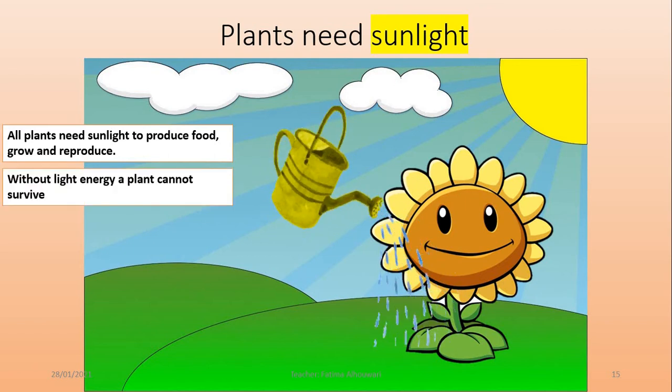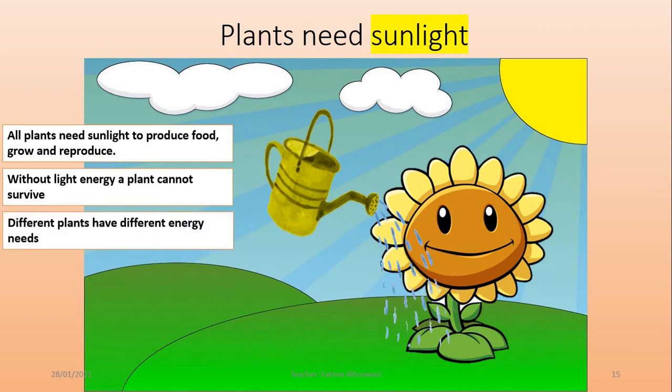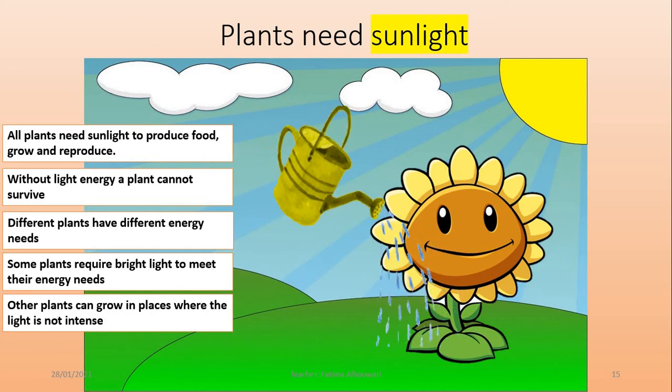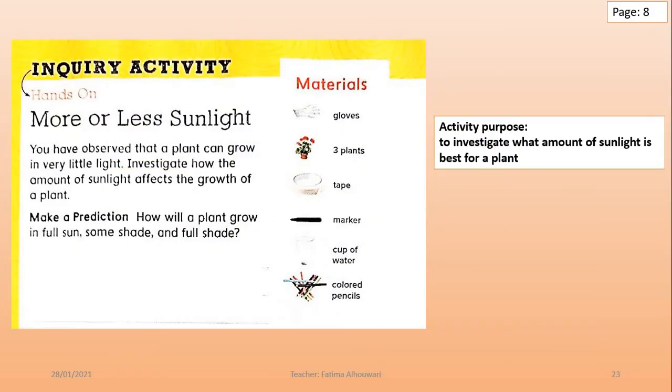Without light energy, a plant cannot survive. Different plants have different energy needs. Some plants require bright light to meet their energy needs, whereas other plants can grow in places where the light is not intense. We have an inquiry activity now.